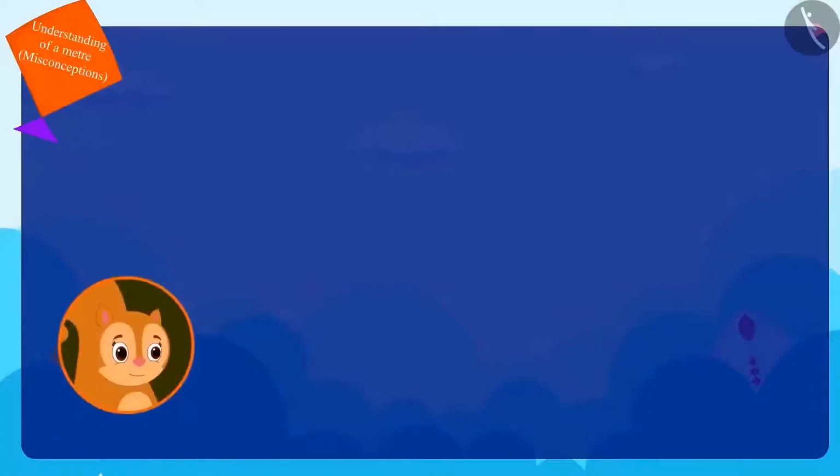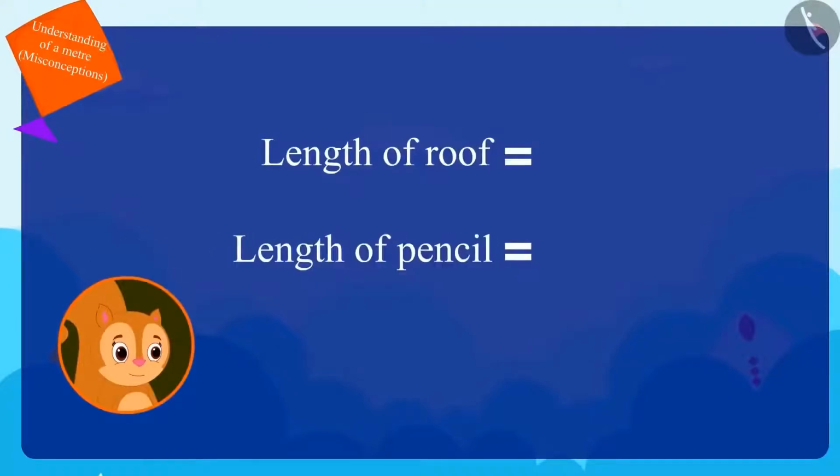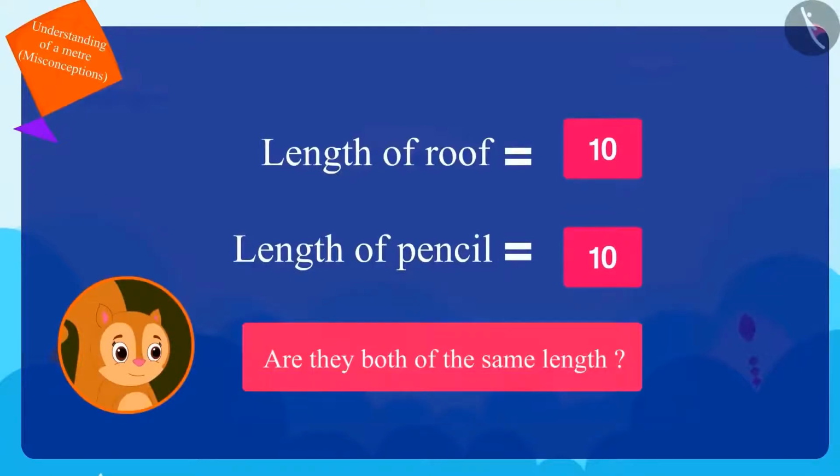Chanda started thinking that the length of both her roof and pencil is 10 and 10. So, are they both of the same length? What do you think, children? Is Chanda's thinking correct? No.